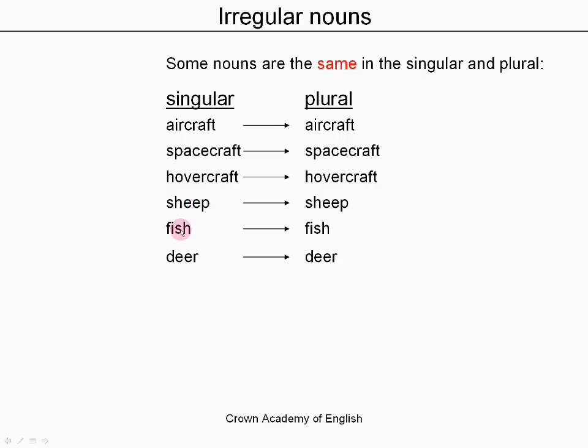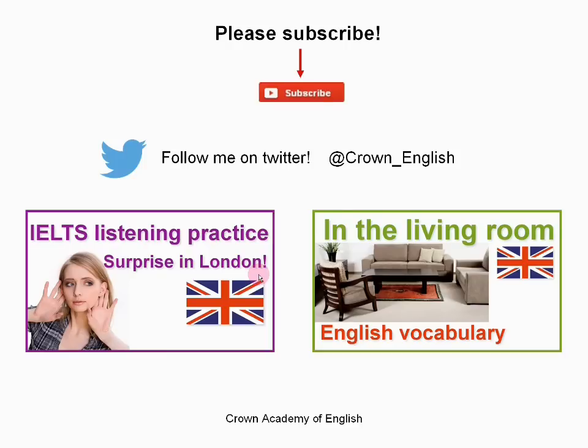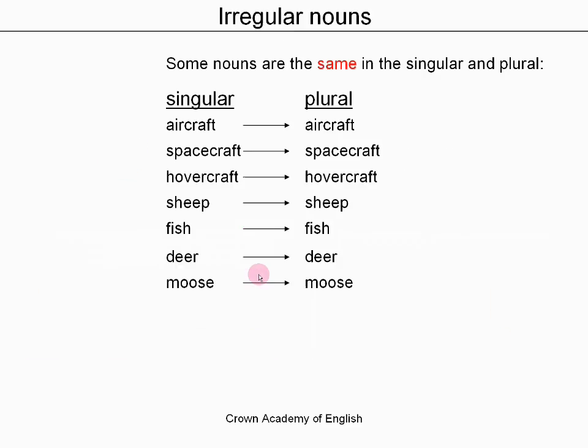We've got sheep, fish, deer. Moose, moose. Okay, so I'll just go back very quickly. Again, there are a few others that exist as well, but these are the most common nouns which are the same in the singular and the plural.